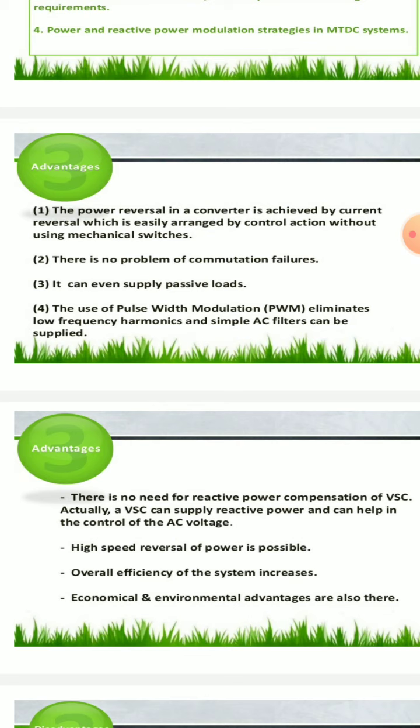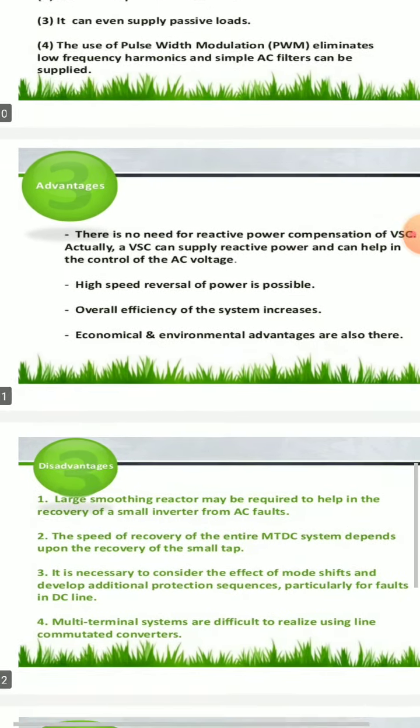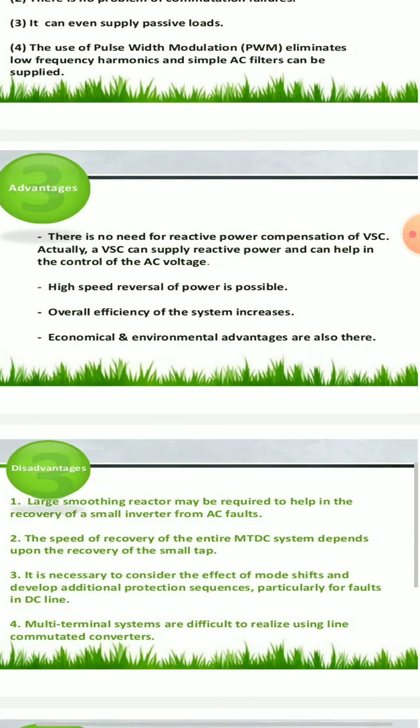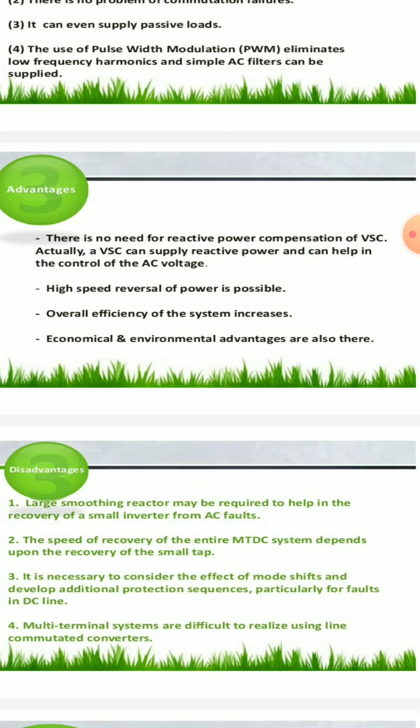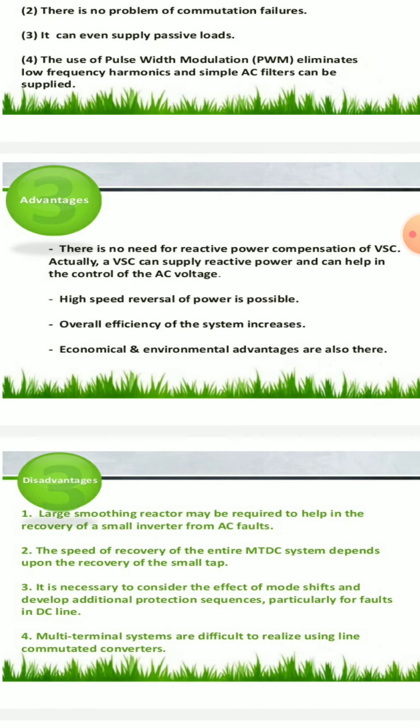The use of PWM, that is pulse width modulation, eliminates low frequency harmonics and simple AC filters can be supplied. There is no need for reactive power compensation of VSC. Actually, a VSC can supply reactive power and can help in the control of the AC voltage.